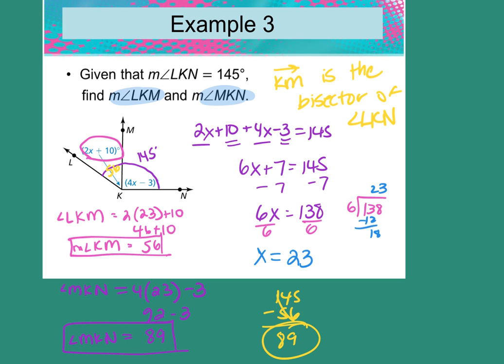If you weren't given these pieces of information and instead you were given the whole thing and that it was a bisector, good. So pay attention to the types of information given. If you're given that it's the bisector, we can cut it in half, and then you would know those two. If you're given the whole, but you know nothing about a bisector, you have to do what we just did and add them together and set them equal to the total.